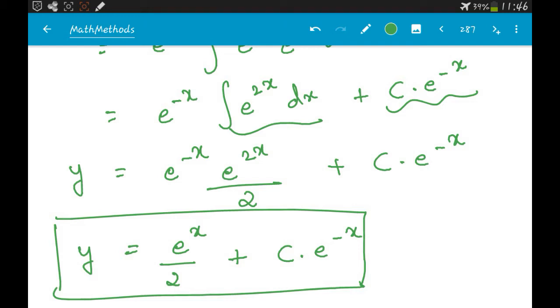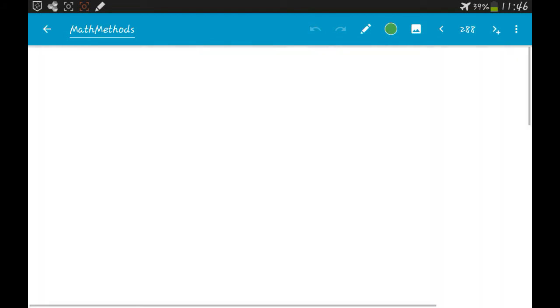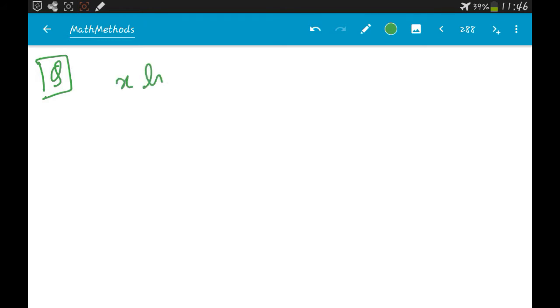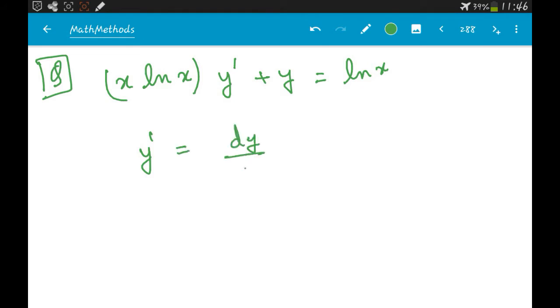Now let's do another problem. x ln x into y dash plus y is equal to ln x. Y dash is nothing but dy by dx. Now let's try to solve this equation.